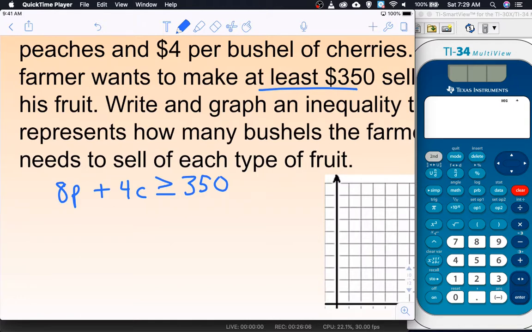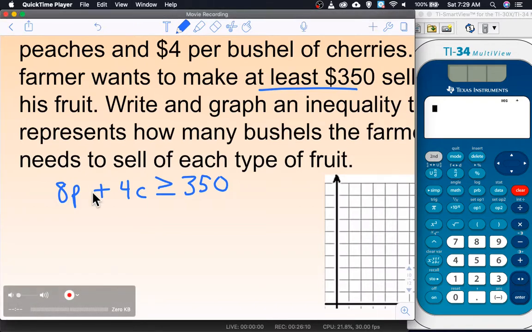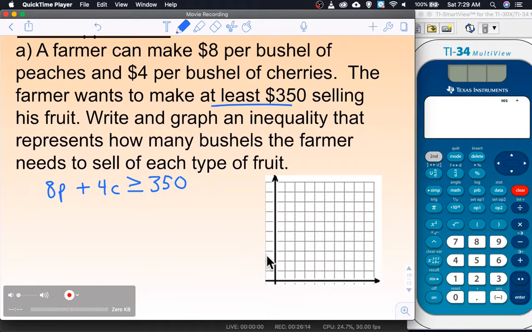Now, slight problem maybe. Our variables are P's and C's, and we don't have a P and C here. We have x and y axes. So we've got two options. One, we can change P's and C's to x's and y's and just say x is the peaches and y is the cherries.